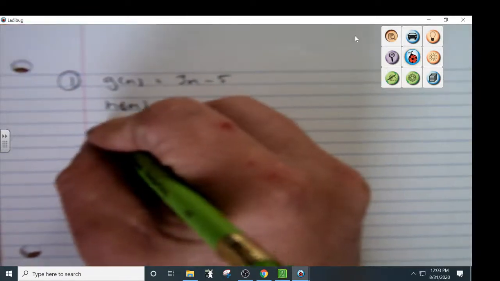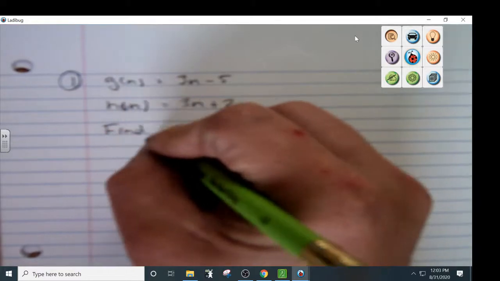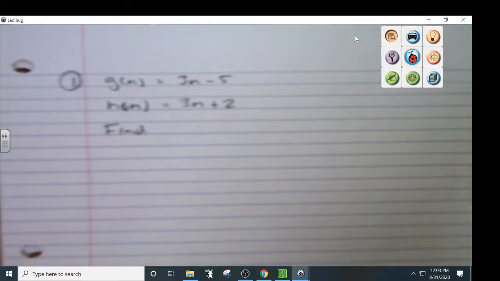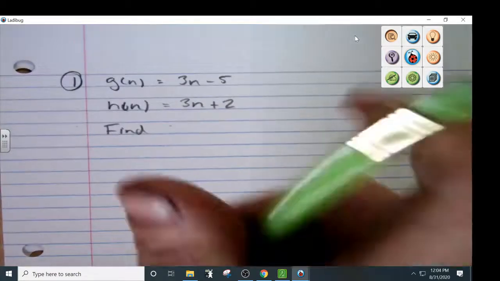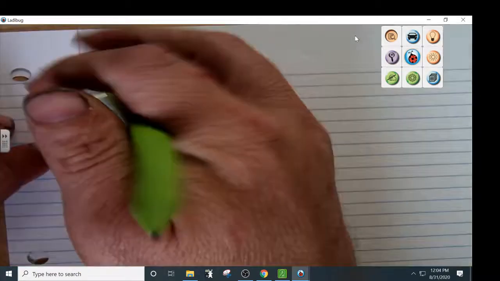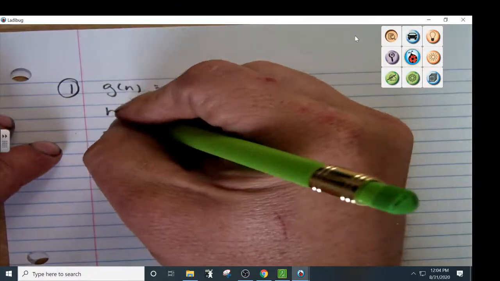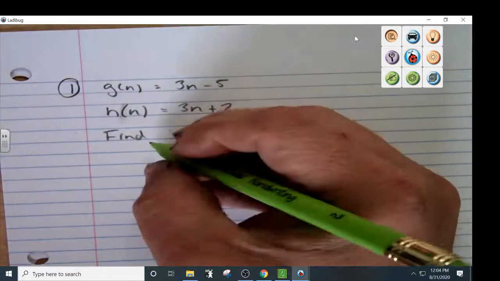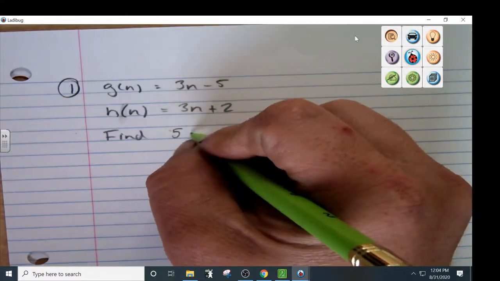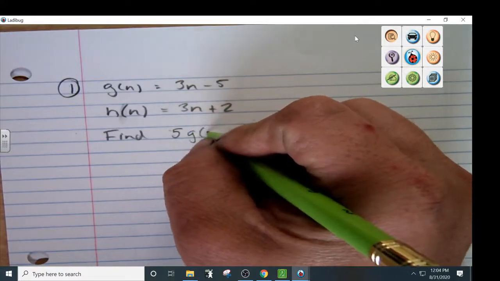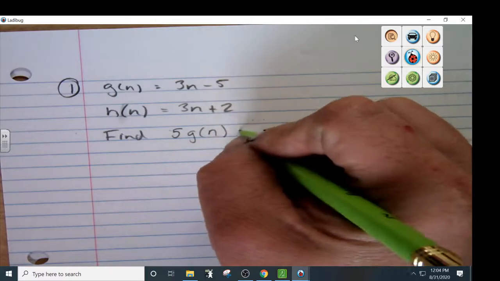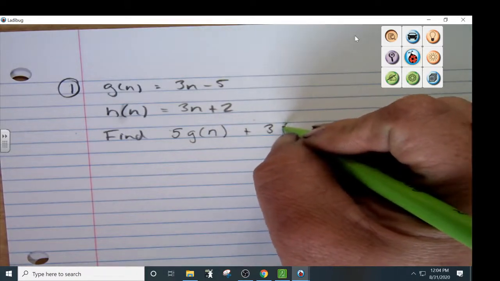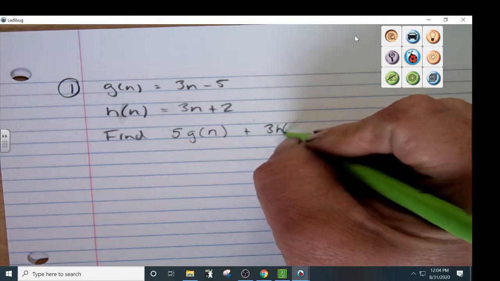And you have to find 5 times g of n plus 3 times h of n.